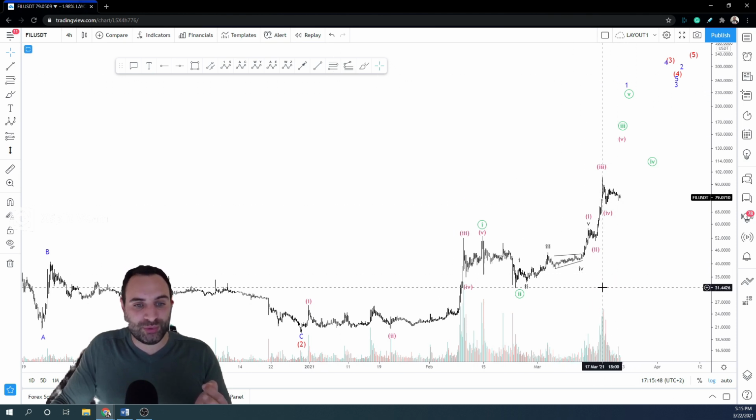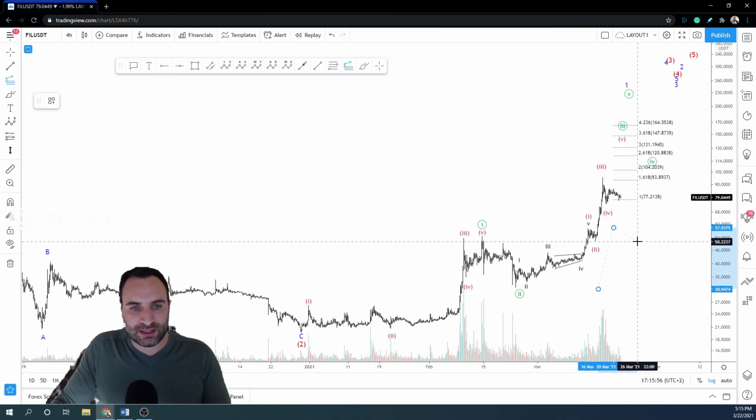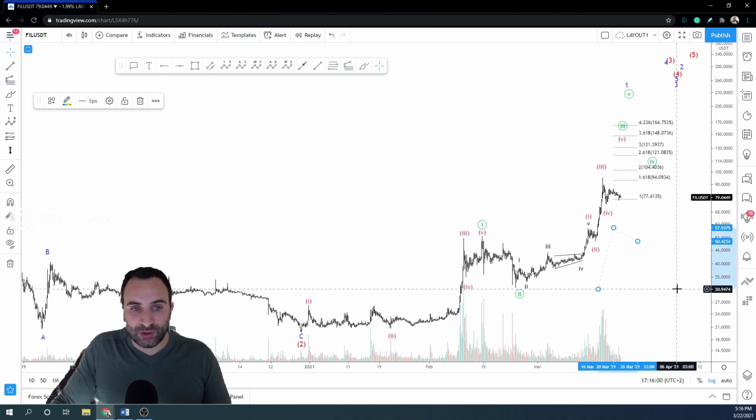So if we pull our Fibonacci extension tool over here, we're going to get a little bit more insight about where prices are going and where prices already went. Okay, this is for wave one. So look at this. We go from that low, excuse me, up to this low and this correction down here.